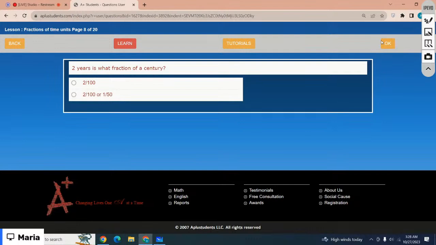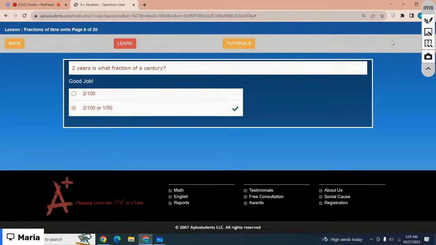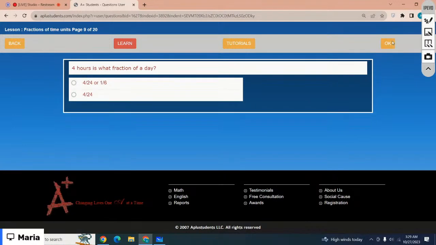2 years is what fraction of a century? The correct option is 2/100 or 1/50. Option number 2 is the correct option. 4 hours is what fraction of a day?